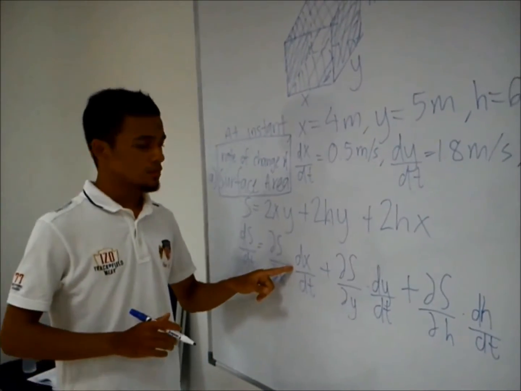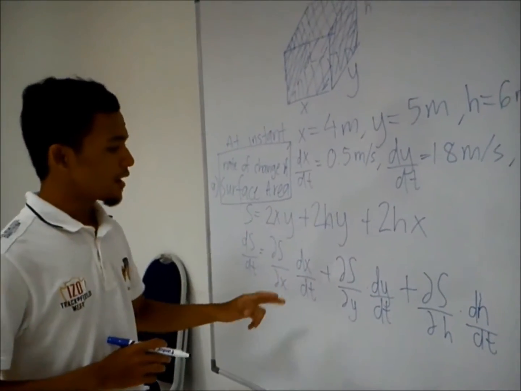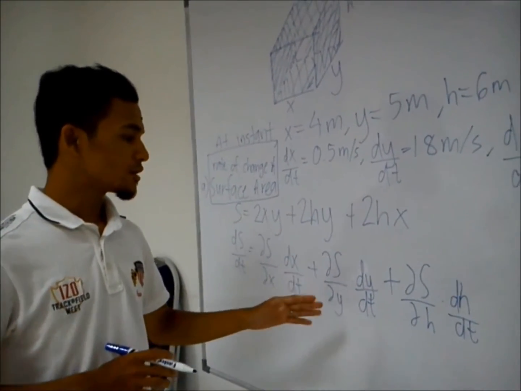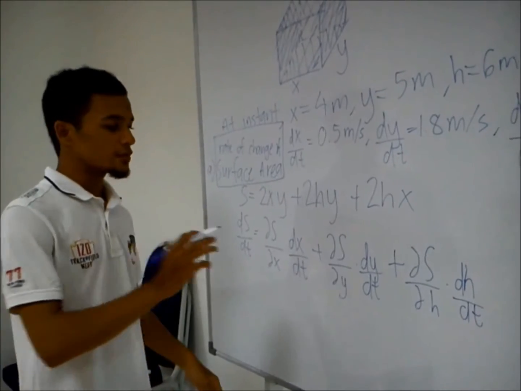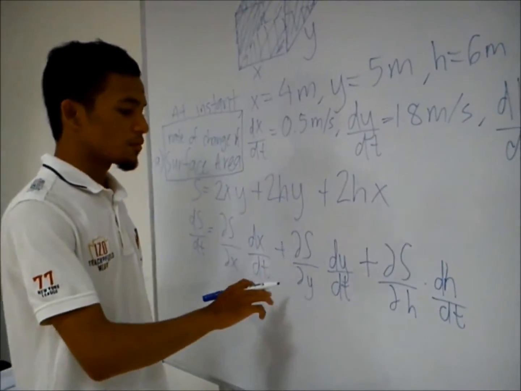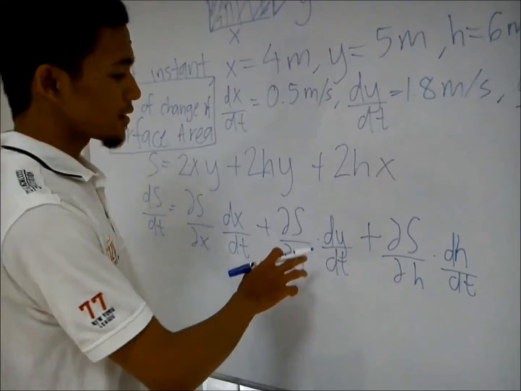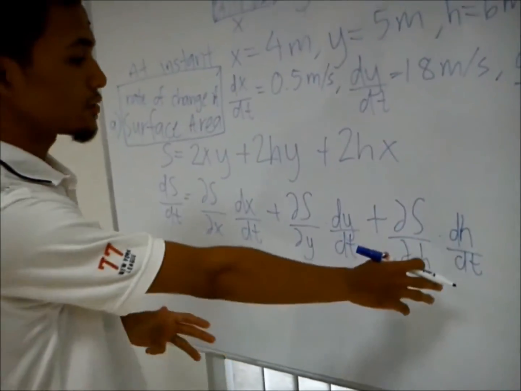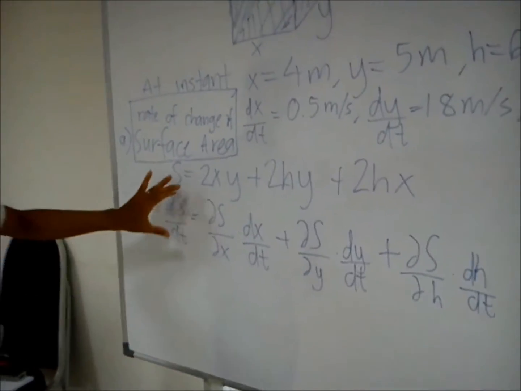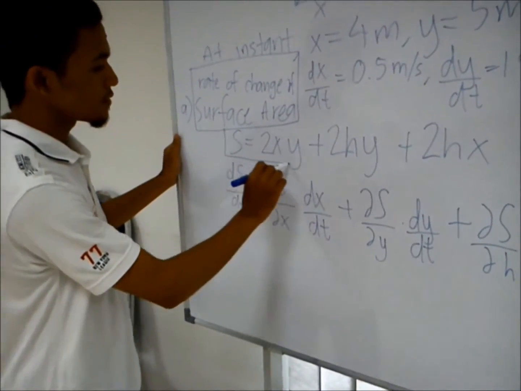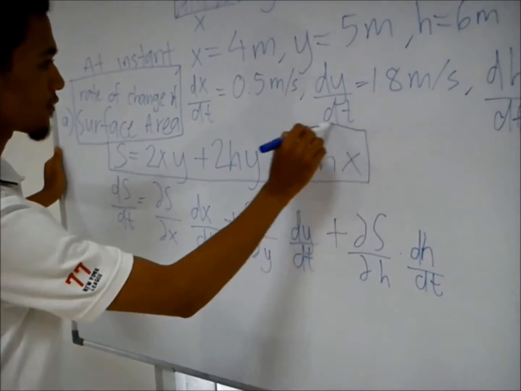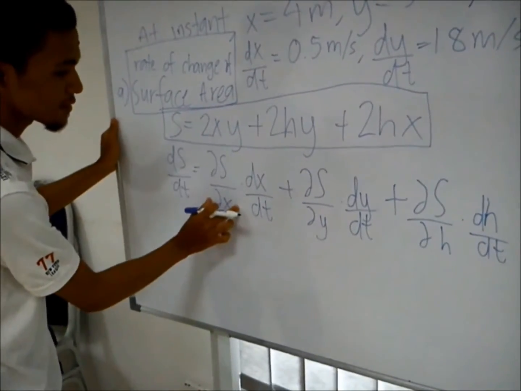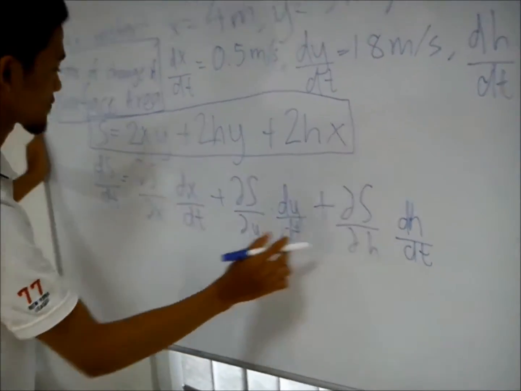We need to multiply it with the rate of change of x, and then add the partial differential of surface area over delta y, and then multiply it with the rate of change of y, and same goes to the h part. So what we need to do is find the partial differential of surface area based on this. From this equation we need to come up with this, and this.